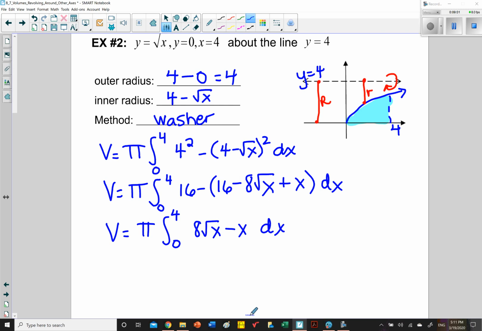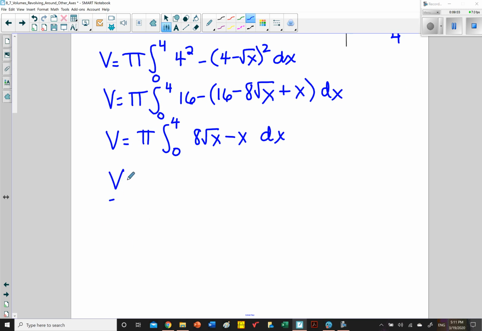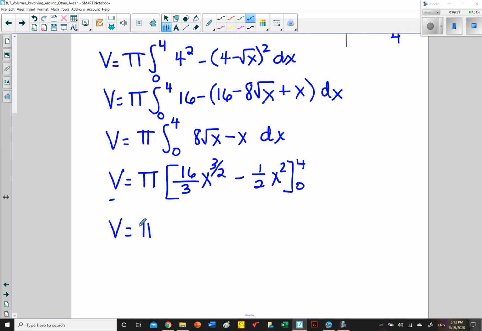And then we're ready to integrate. So the volume is 16/3 x to the 3/2 minus 1/2 x squared from 0 to 4. And that would turn out to be 128/3.